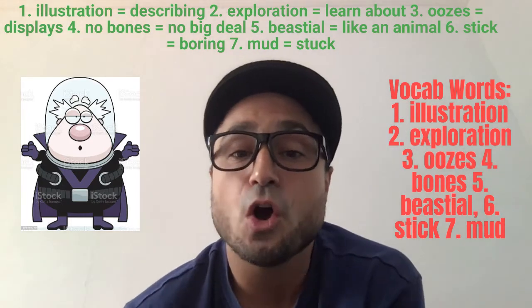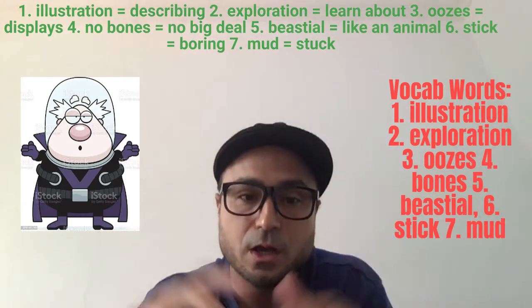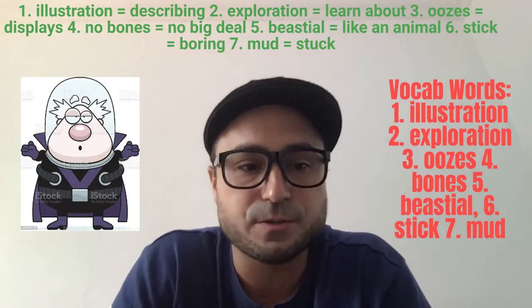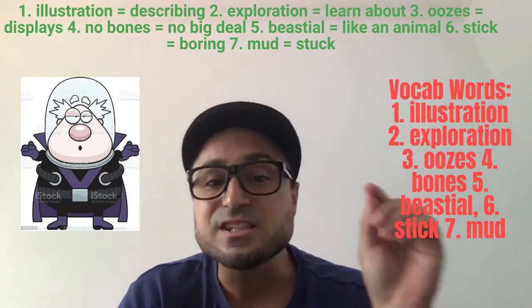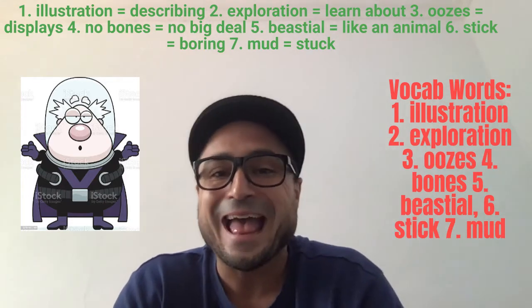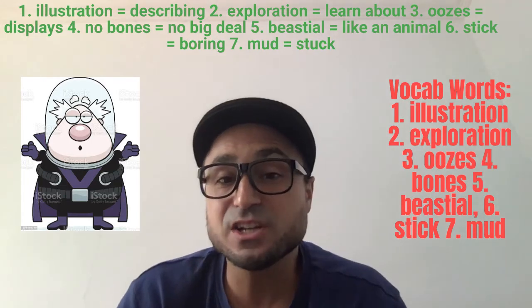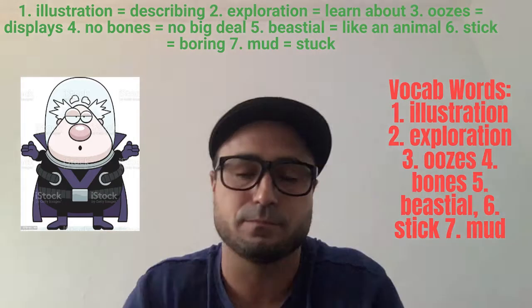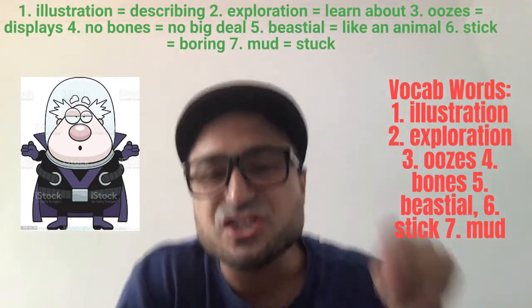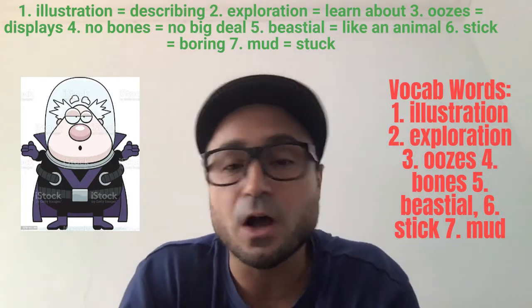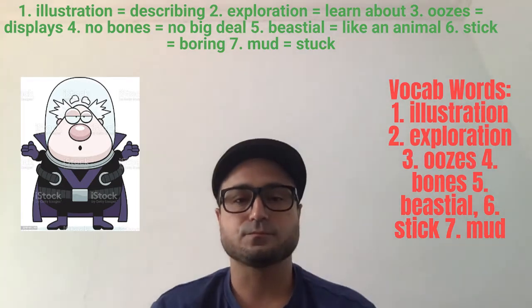He makes no bones about being obnoxious. He's bestial in nature and he has no emotions. Means he doesn't cry. He is a stick in the mud, unkind and unfriendly.